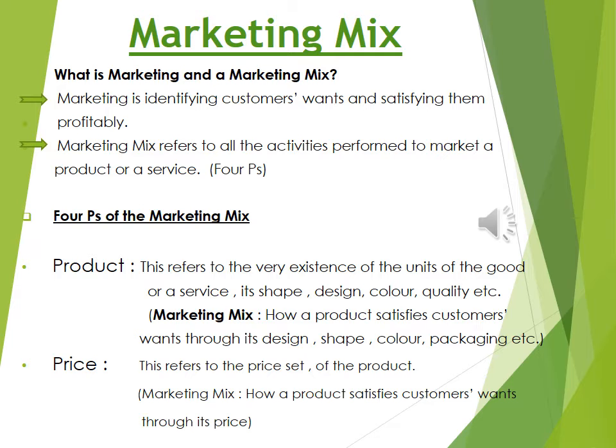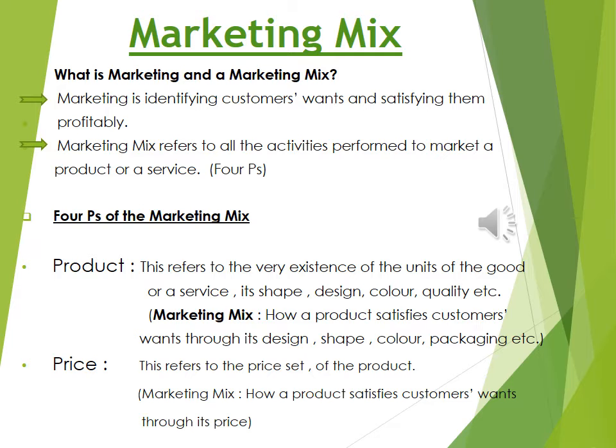Marketing is satisfying customers' needs and wants profitably, and the activities that do that will come under the circle of marketing mix. Is it simple now? Marketing is satisfying the customer's needs and wants profitably and efficiently, and all the activities through which this can be done, that entire group of activities, is called marketing mix. Okay?